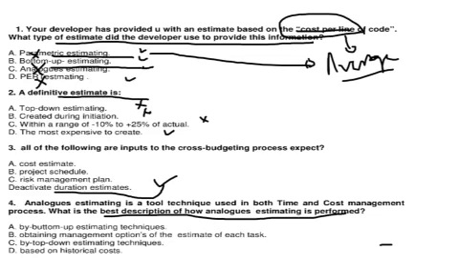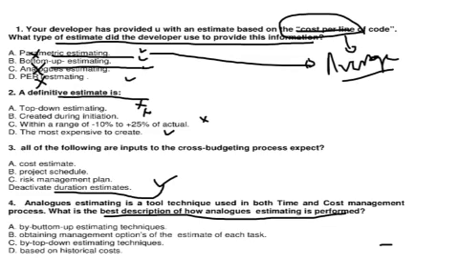By bottom-up estimation? No. Obtaining management options of the estimate for each task? No way. By top-down estimating techniques? Maybe. And based on historical cost?